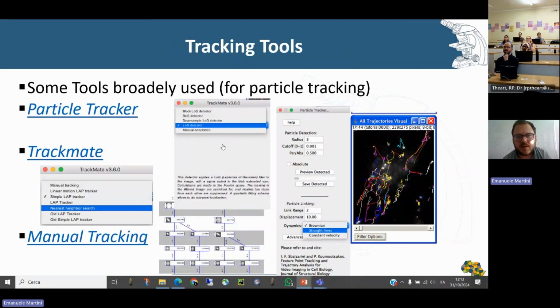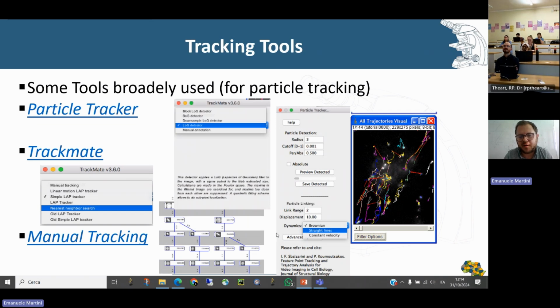In Fiji, you have really many tracking plugins. I just want to introduce the fact that they are available. I don't want to go too deep and see how they work. The most used ones are the particle tracker, but mostly TrackMate. I just want to show you that, as I said before, there are some particle detection morphological parameters, like the radius of the object you want to find, an idea of how big your object is.